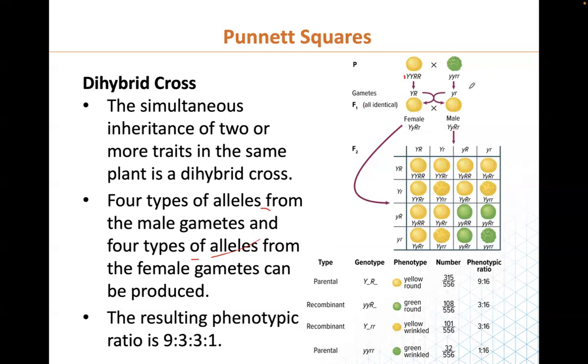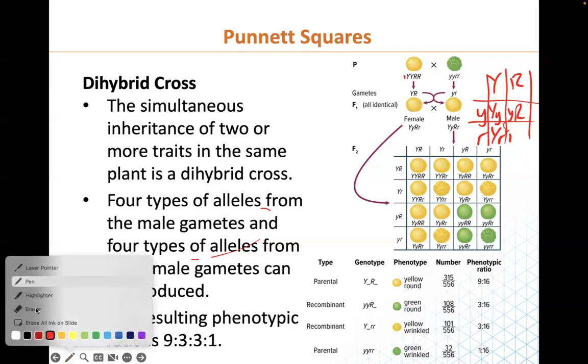What you can do first is put your Y and R on a Punnett square. Then you put your Y and R on the second side of the Punnett square. Let me do it a different way, it's easier.